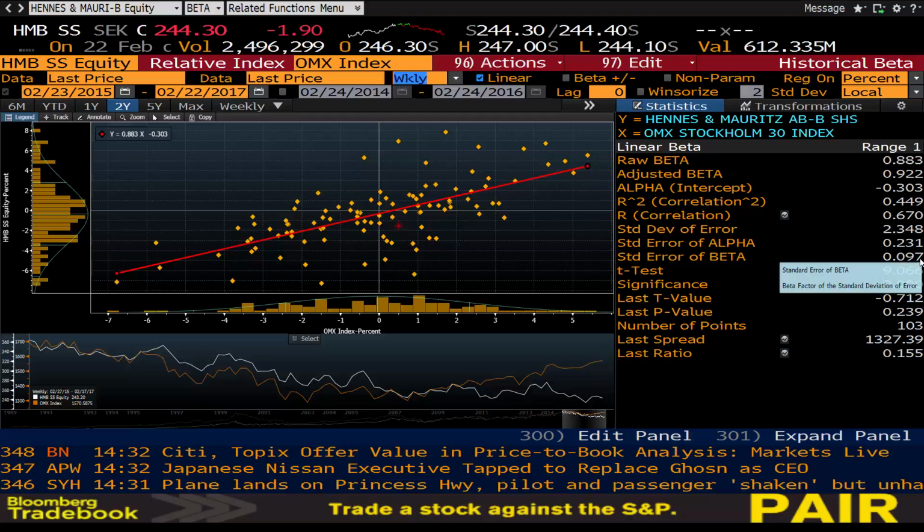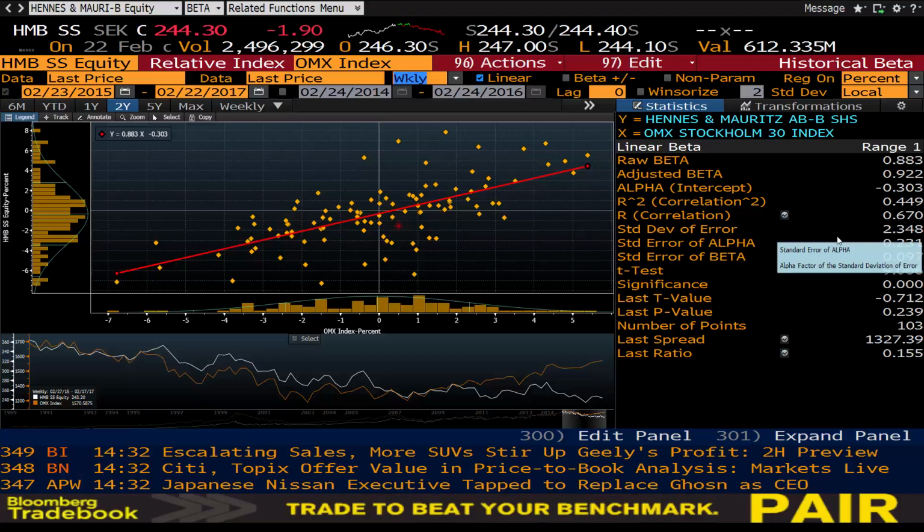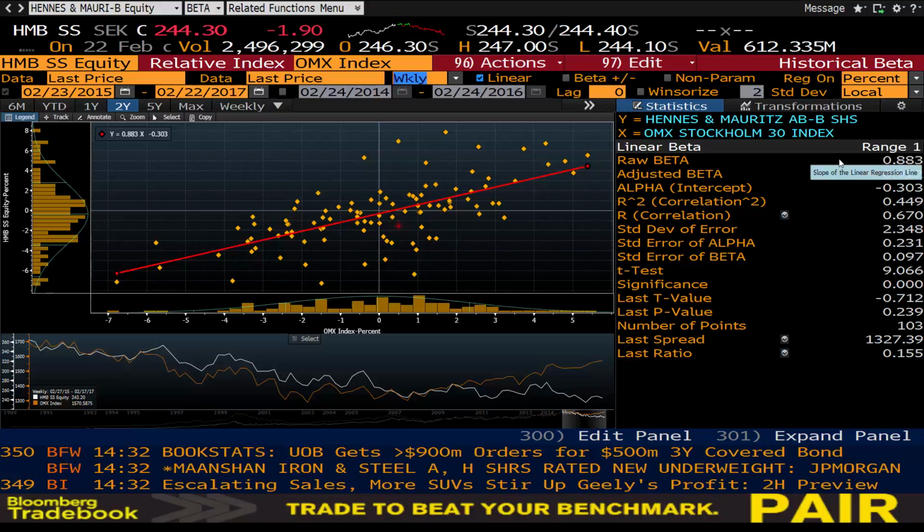The standard error of the beta, we can see, is 0.097. So say somebody asked you, what is your point estimate for the beta? Well, you would say 0.883. If they asked you, what is the 95% confidence interval for the beta? So I'm 95% confident that the beta is between this and this number.